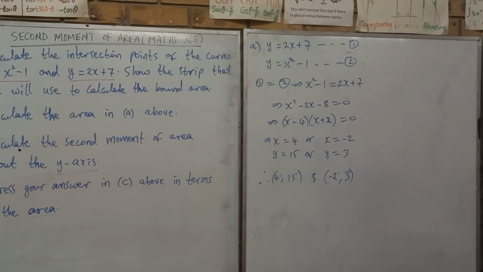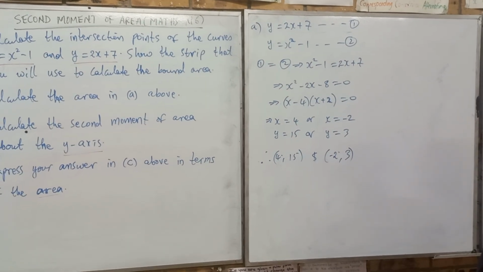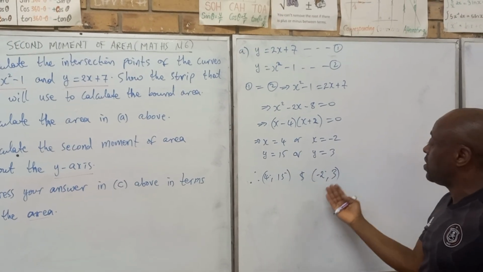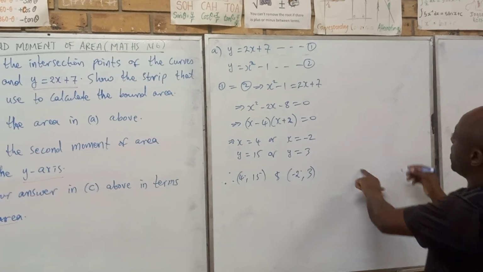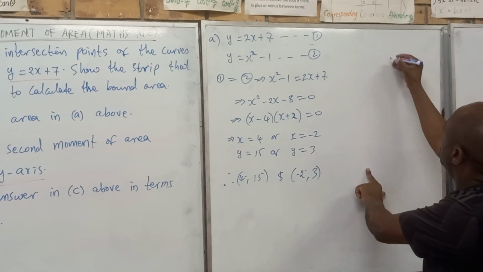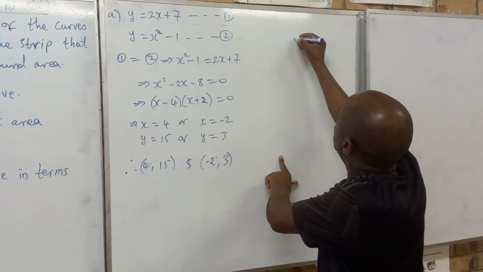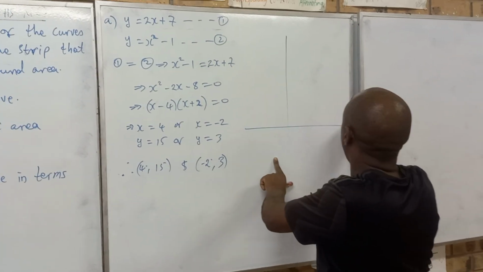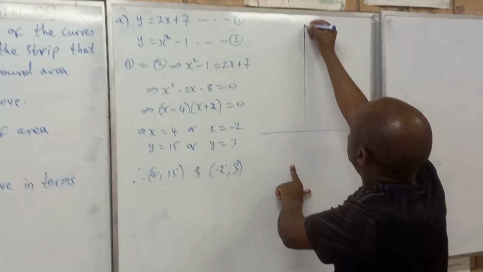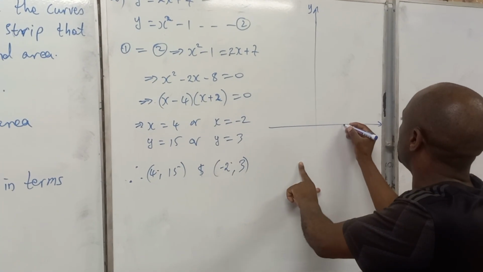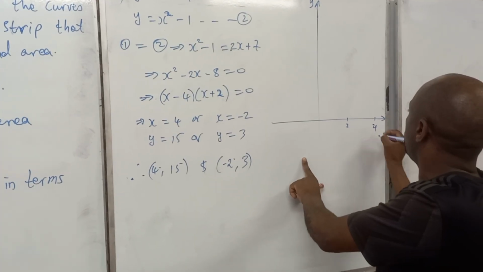So once I know the points of intersection, to sketch the graphs becomes easier for me. I see that this point is in the first quadrant, that is in the second. So that reminds me that I need the first and second quadrant to sketch my graph. So that's exactly what I'll do. So that's my y on the first quadrant. I can say this is my 2 and that's my 4.